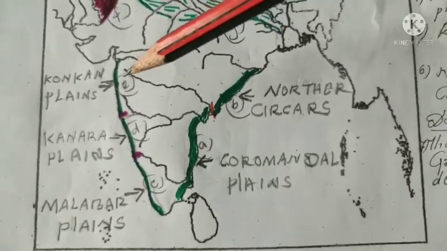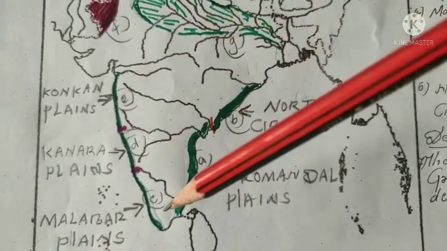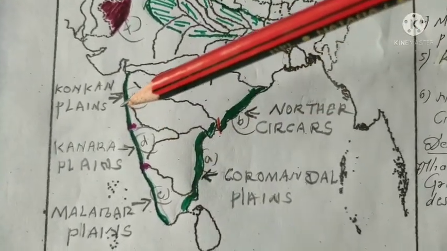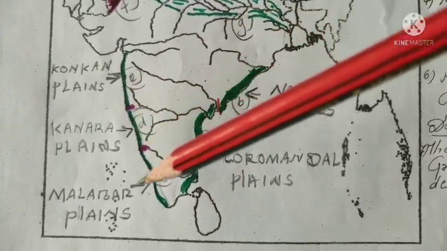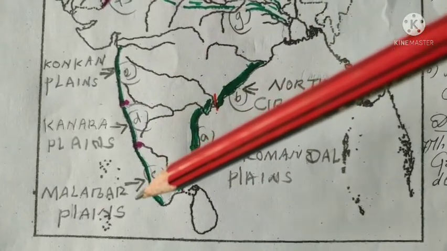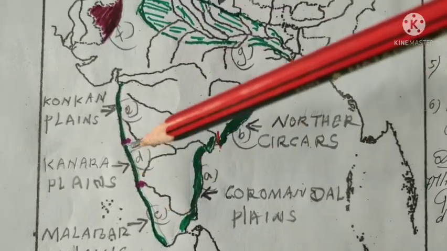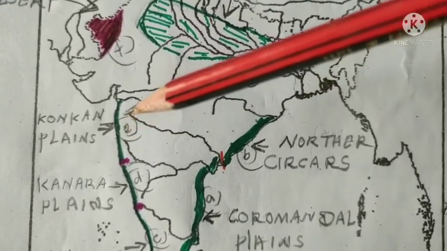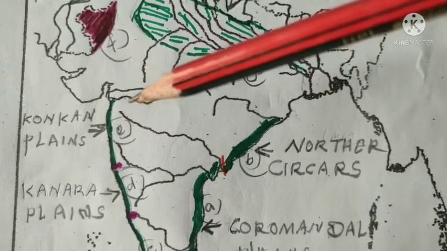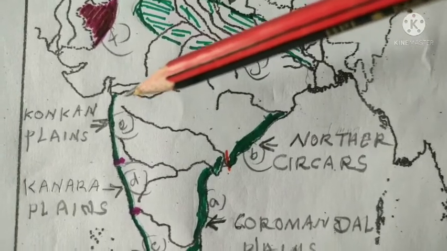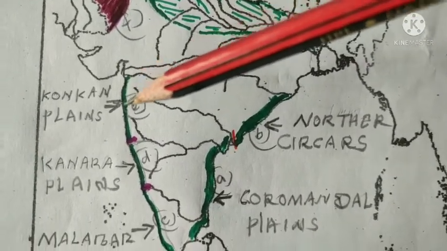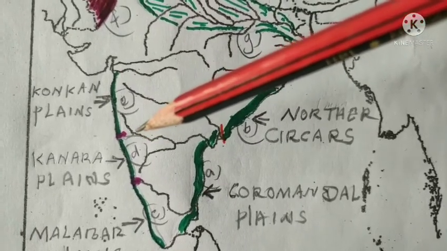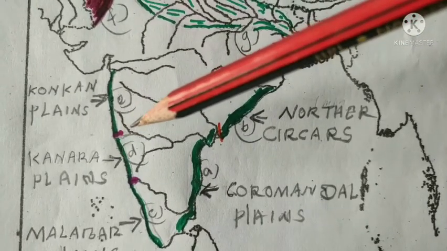Next is the Western Coastal Plains. Western Coastal Plains are divided into three categories. First is the Konkan Plains, second is the Canara Plains, and the last one is the Malabar Coastal Plains. First I will tell you how to mark the Konkan Coastal Plains, which begin just below the river Tapti. So this is the river Tapti. Just below that, from here to here, this is the river Krishna, from this part to here.